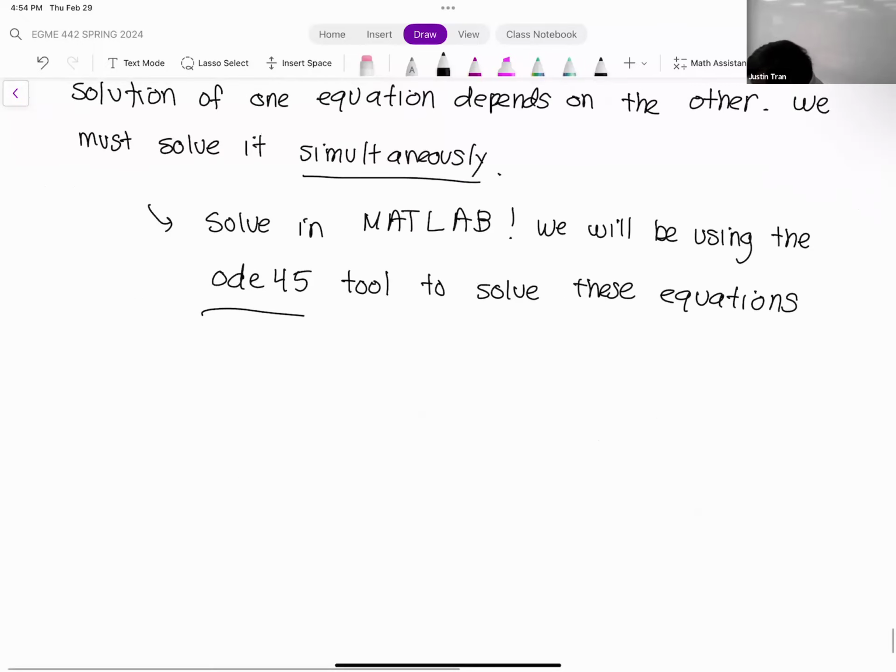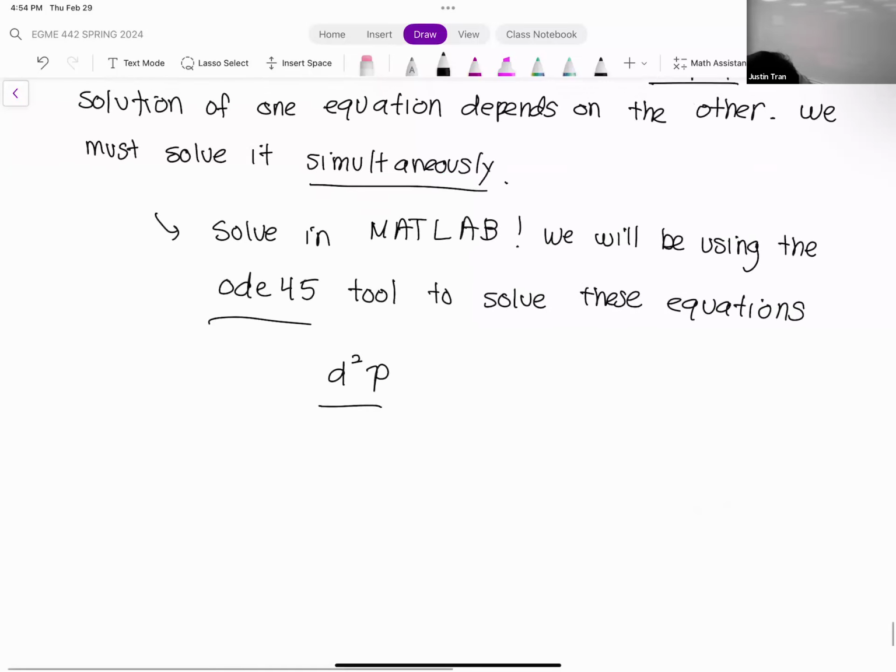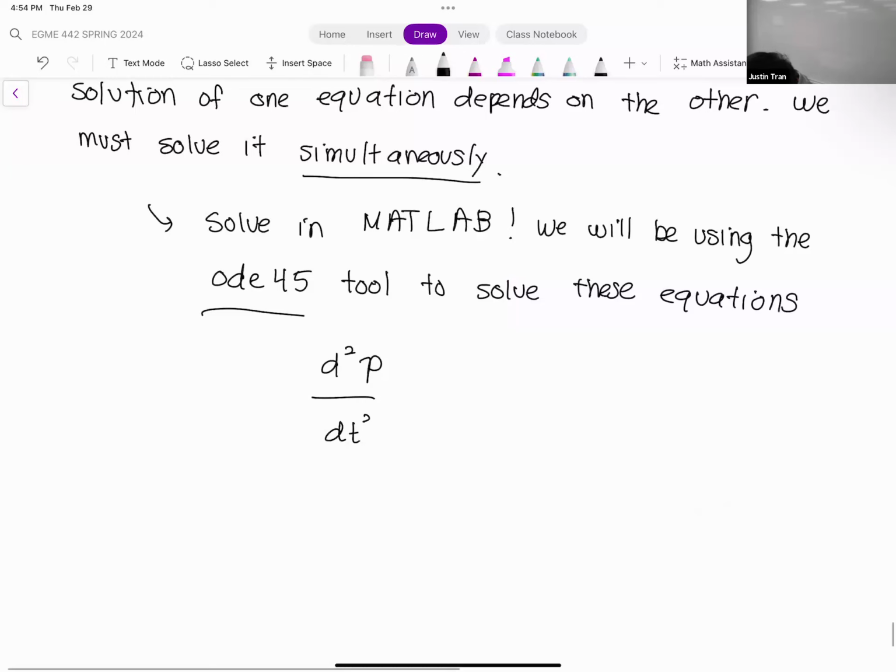Because if you have a second order equation, this is just trivia. So let's say we have d squared P over dt squared plus omega P is equal to q of t. So a very classic second order equation. You can decompose this into a system of first order equations.